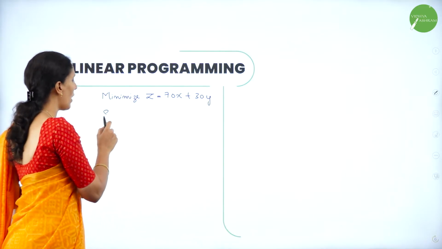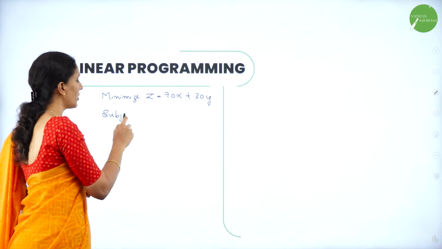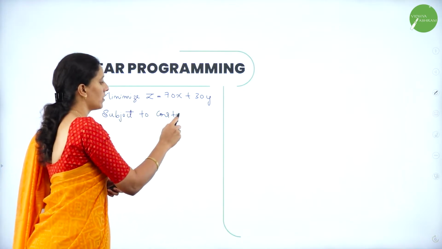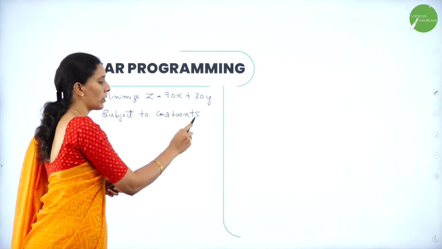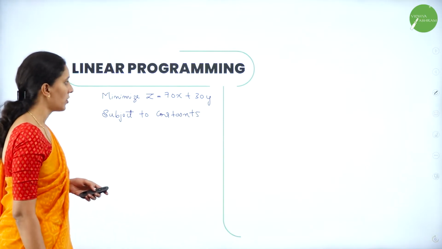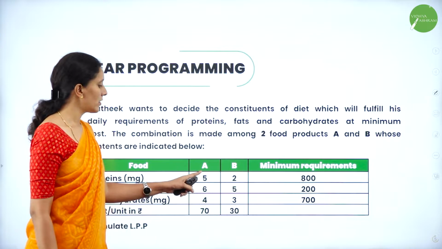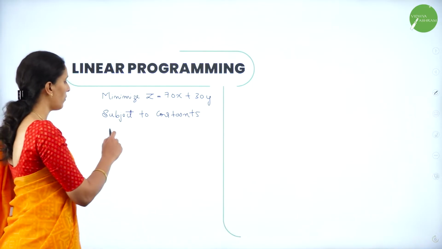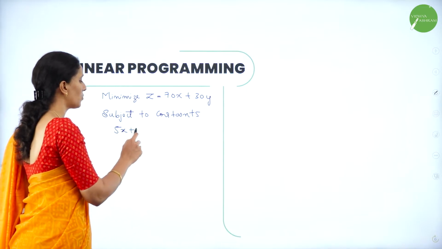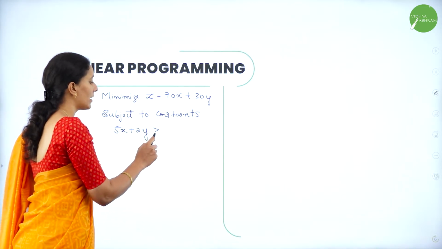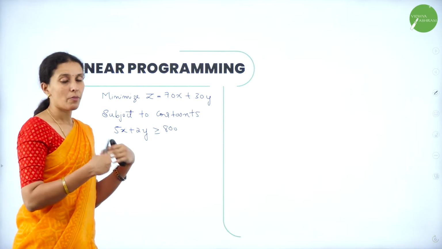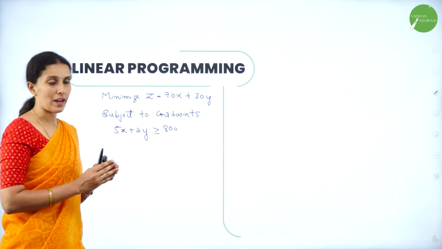Now what are the requirements we have, or what are the constraints we have? Subject to constraints. We have constraints for protein, fat and carbohydrates. For protein it is 5, 2 and the overall requirement is 800. So therefore it is 5x plus 2y. Here we have to write greater than or equal to 800 because this is the minimum requirement, and maximum it can take any number of values.